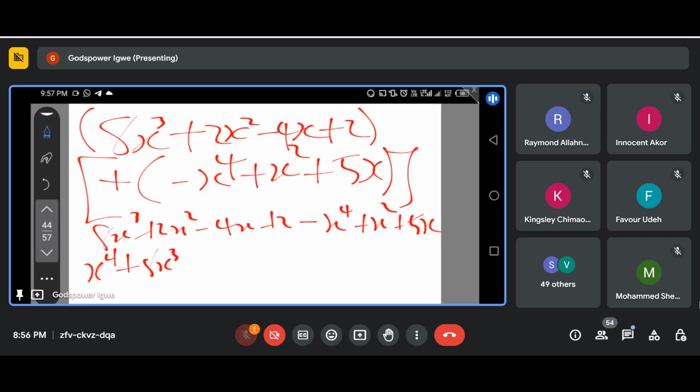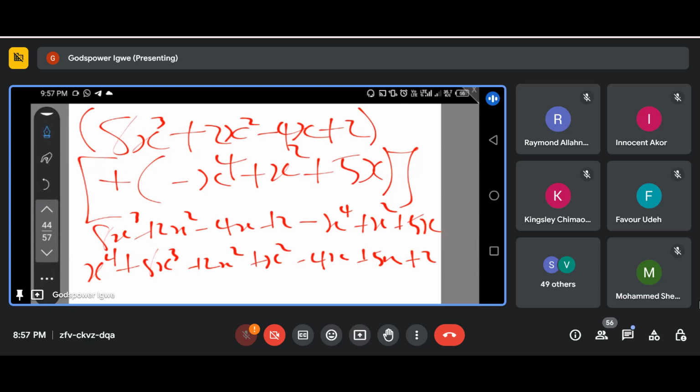Then we have S2. We have minus 12 S2. We also have S2 here too, so we take plus S2. Then the next one is X. Here we have minus 4X, and then we have X here too, which is plus 5X, without having another thing again, plus 2.